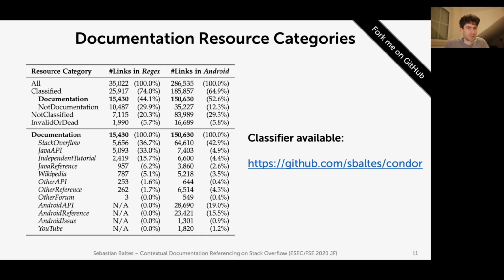Other categories included Java API documentation, independent tutorials. Independent meaning, for example, a tutorial about Java that is not coming from Oracle directly, but from some third party. We had Wikipedia as a documentation resource, but also in very few cases, YouTube videos, Android issues, and so on.